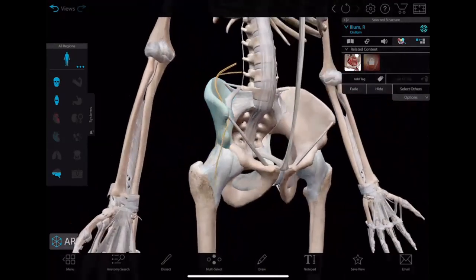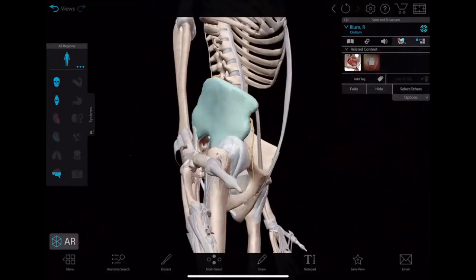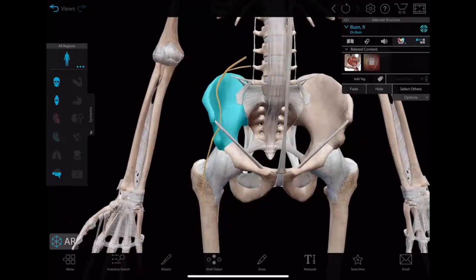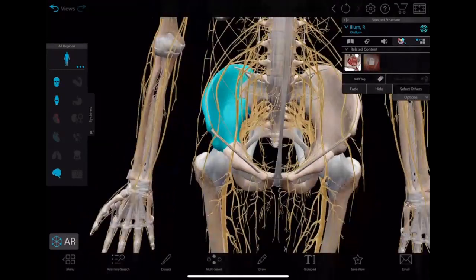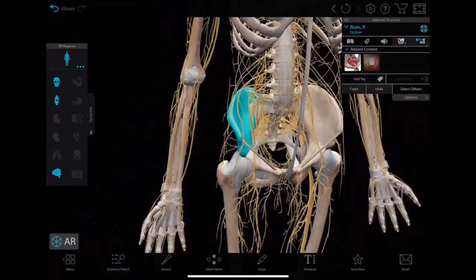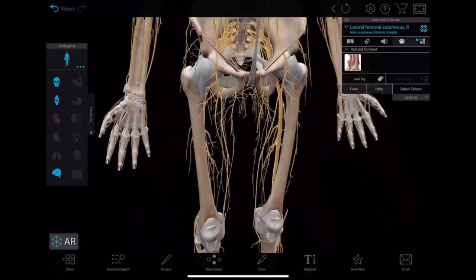That is the lateral femoral cutaneous nerve of the thigh, and this is how it is related. So the selected one is the femoral cutaneous nerve of the thigh.